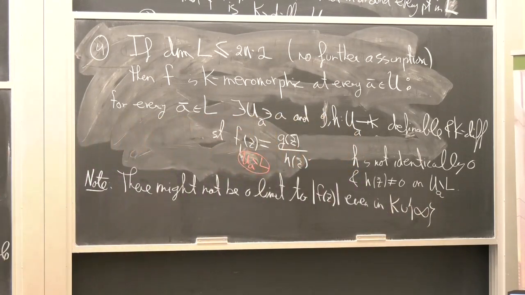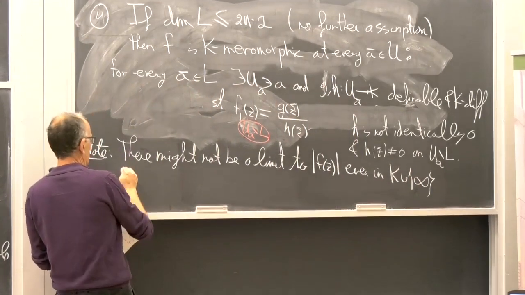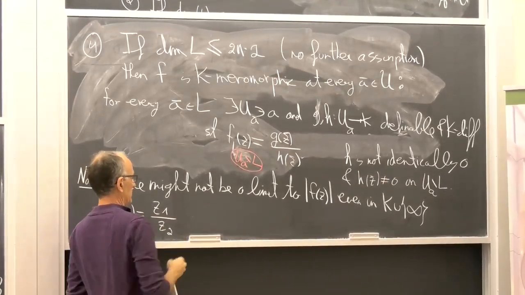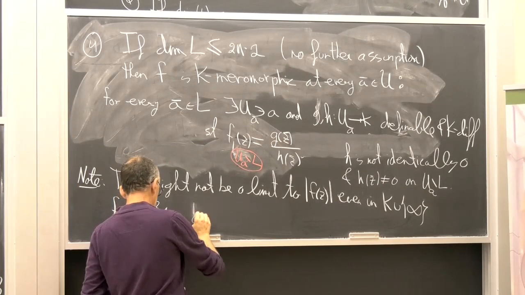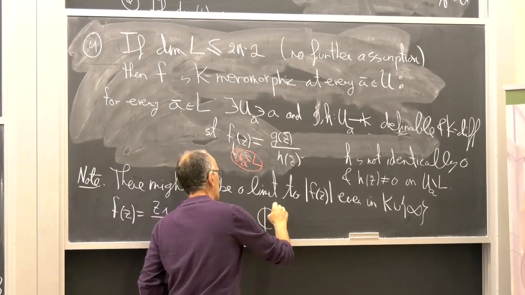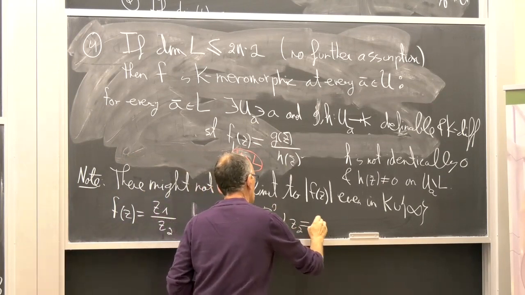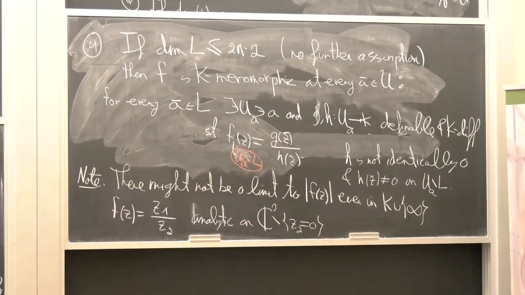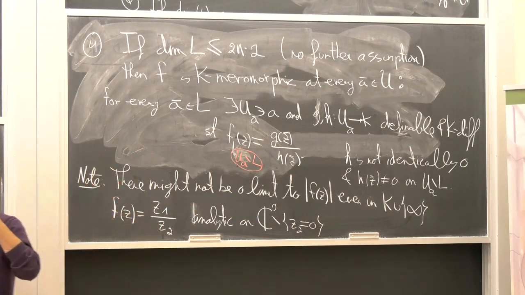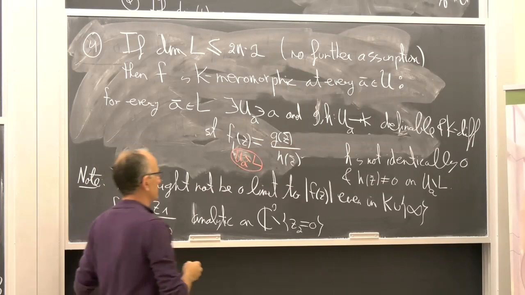The example is exactly Z1 over Z2, which is analytic, K-differentiable on C squared minus {Z2 = 0}, but does not have a limit because when you approach along different straight lines, you get different limits. So there is no limit even in projective space. It's not the problem at infinity.